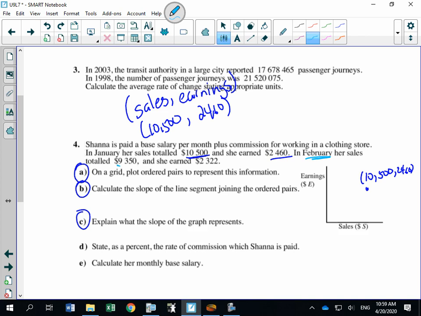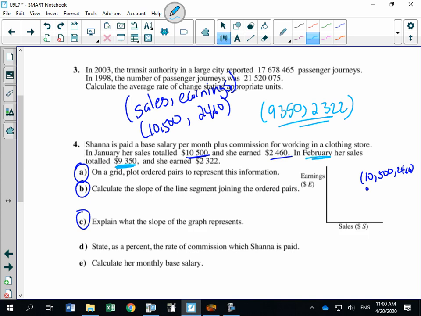And then the next ordered pair is for February. Her sales were less, 9,350, and she earned, again, less money, 2322. So if I said plot this, your x coordinate is less, as is your y coordinate.